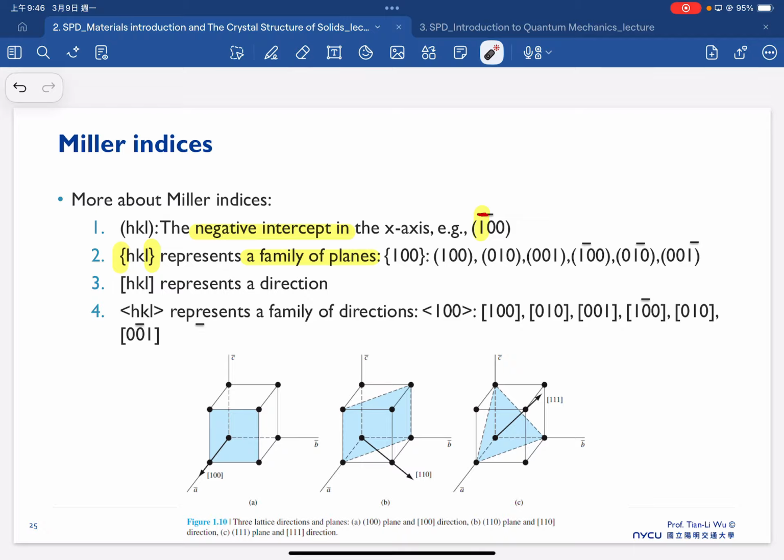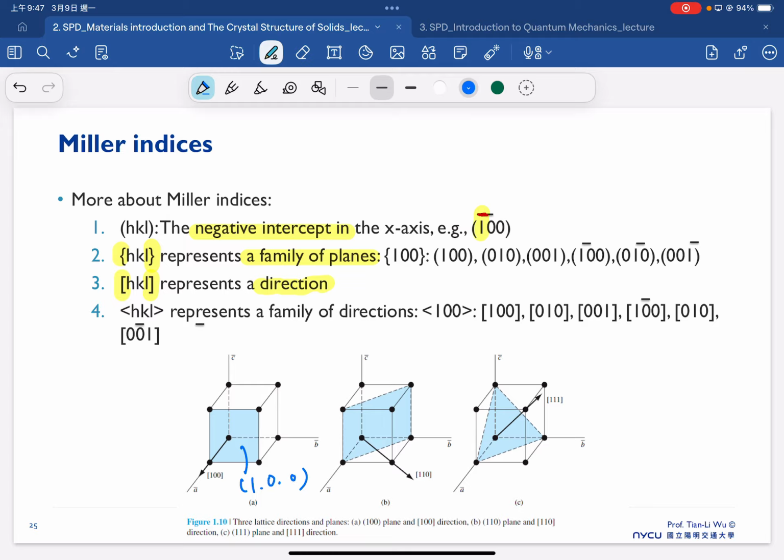And also, if we consider this kind of bracket, as shown here, this represents directions. So, for example, in this particular plane, we have the Miller index of 1, 0, 0.